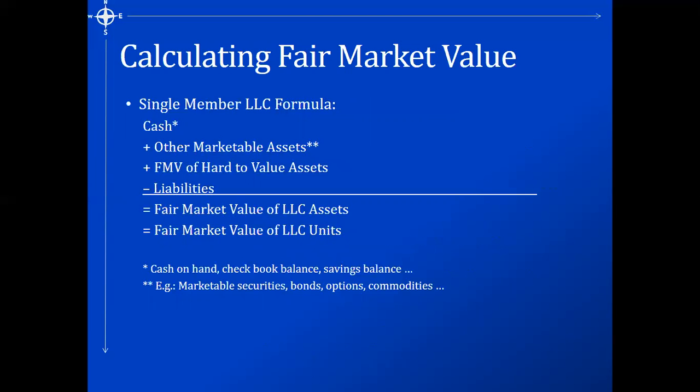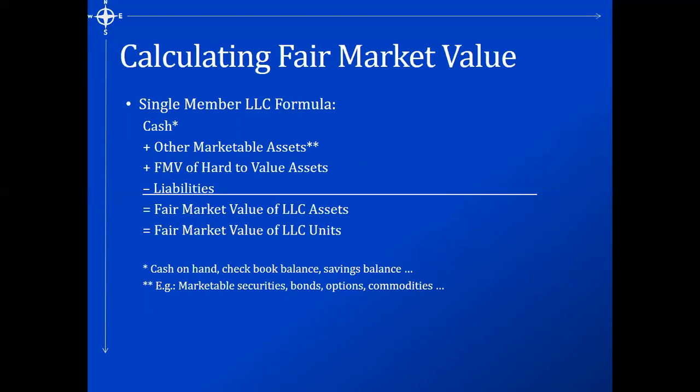So here's the formula for calculating the fair market value of LLC units in a single member LLC. The first thing is you have to take your cash. Easy to forget that. And that would be determined by the checkbook balance of your checkbook. You might also have savings accounts, whatever the account is as of December 31st, and the value. You might also include accrued interest, and that you can probably get on your January statement, plus the fair market value of the hard to value assets.